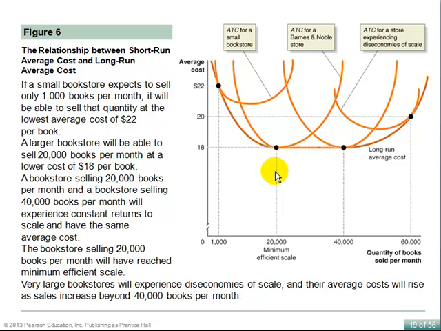A firm may experience economies of scale for several reasons. First, as in the case of Barnes & Noble, the firm's technology may make it possible to increase production with a smaller proportional increase in at least one input. Second, both workers and managers can become more specialized, enabling them to become more productive as output expands.